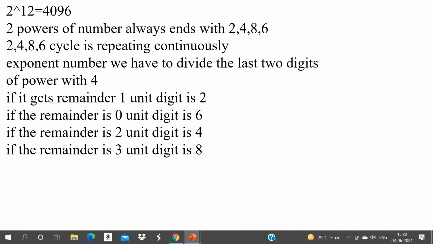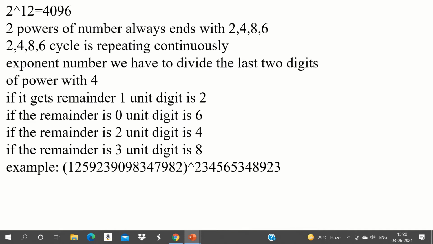If I only say these points, one may not understand. If I go to the problem, you can simply understand. Here is a number with unit digit 2 with the power of a bigger number. This bigger number has to be divided by 4.